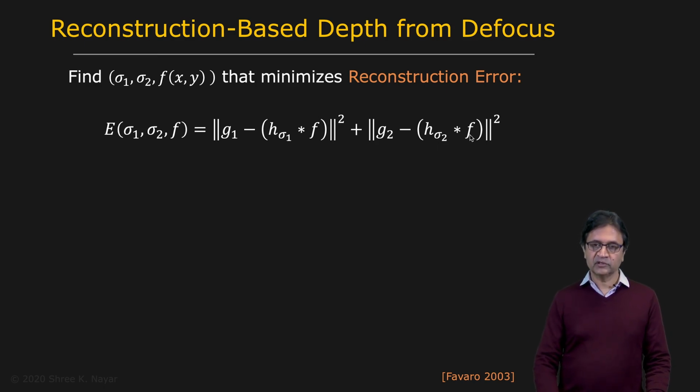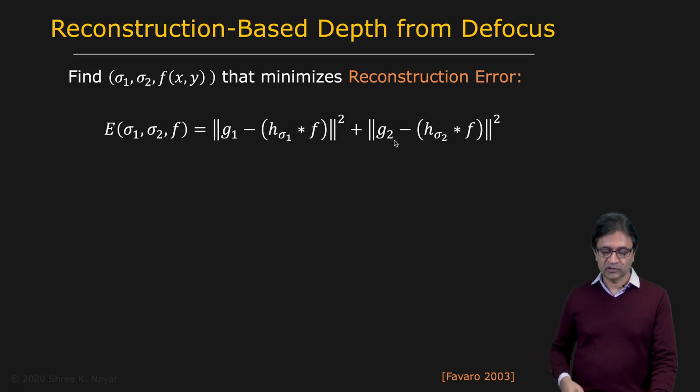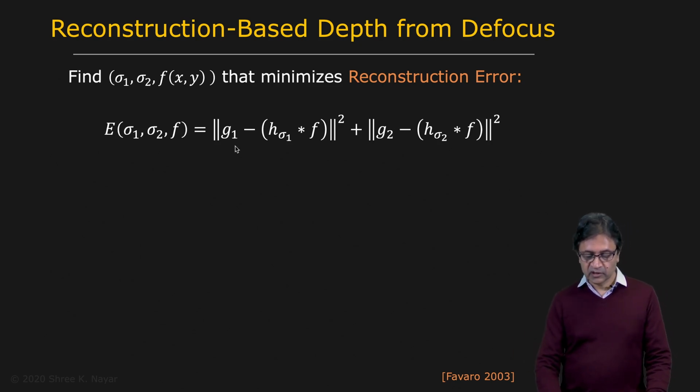Similarly, the focused image that you've reconstructed convolved with H sigma 2 should be exactly equal to G2 if your reconstruction is perfect. So this term corresponds to the error in the reconstruction corresponding to G1. This one corresponds to the error with respect to G2.